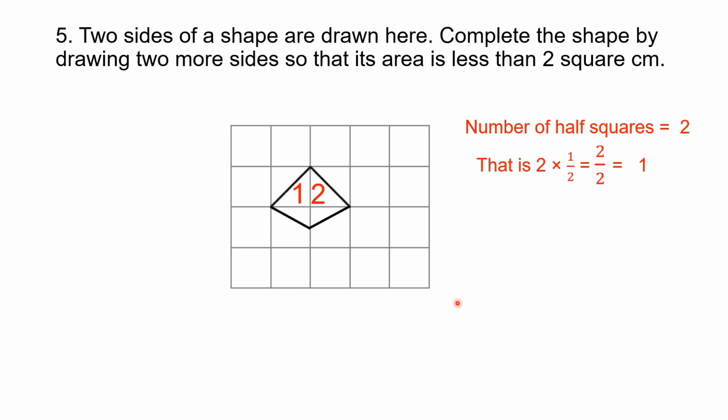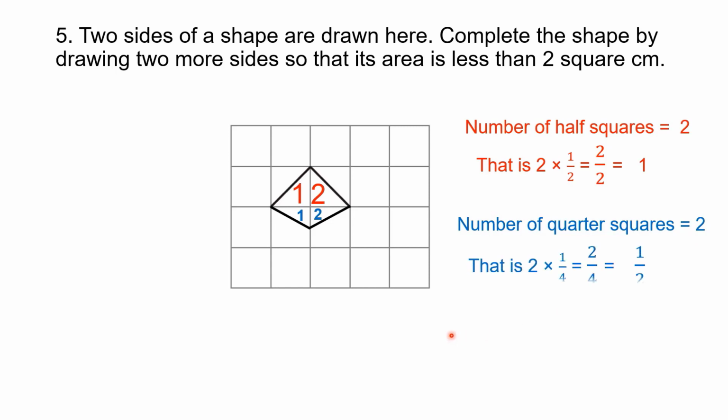Let us count the number of quarter squares. Number of quarter squares is 2. We know that 2 quarters make a half. That is 2 multiplied by 1 by 4 equals 2 divided by 4.